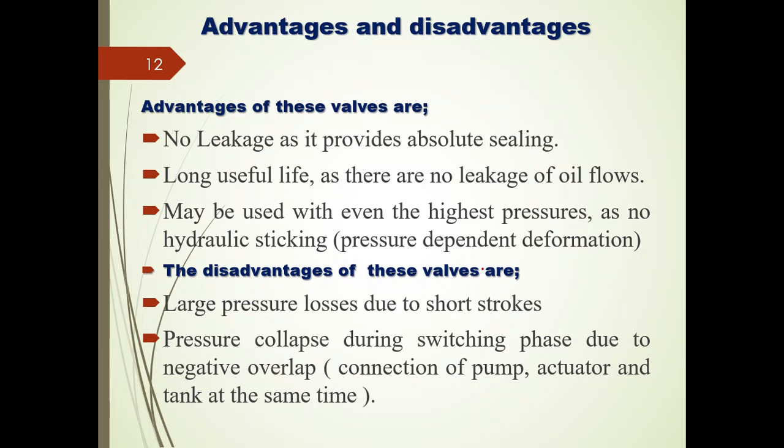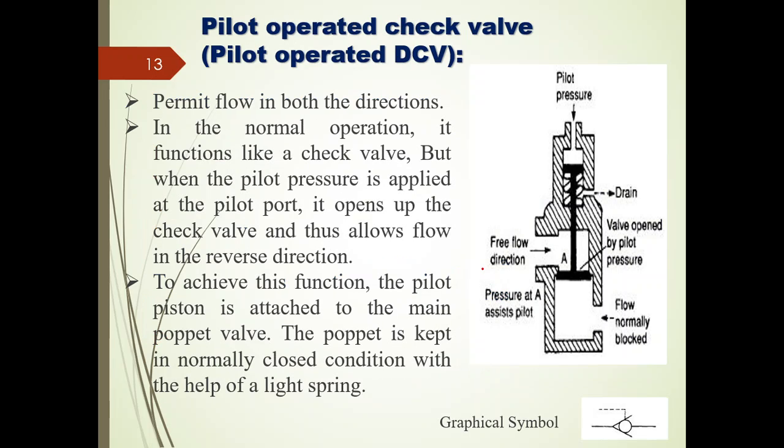Along with this one, the pressure collapse will occur during the switching phase, which is due to the connection of the pump as well as the actuator and the tank at the same time. That is one more disadvantage we have in the case of this type of direction control valves. The next type of direction control valve is the pilot operated direction control valve.